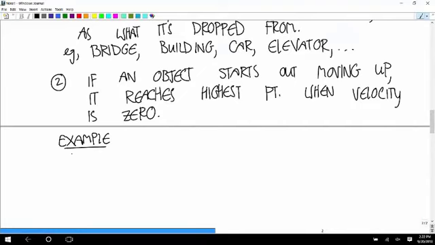Okay, so a ball is thrown straight up into the air. Height 3 meters.